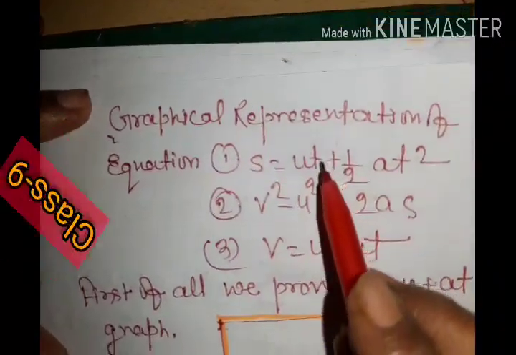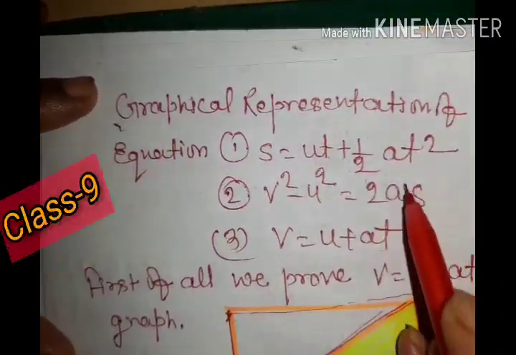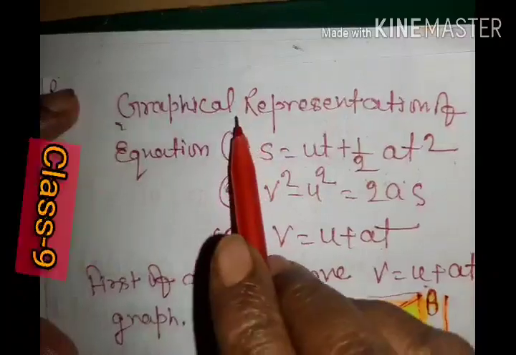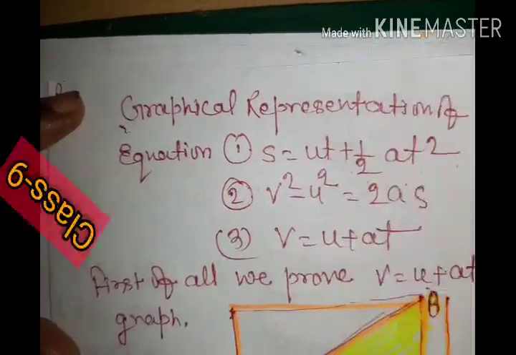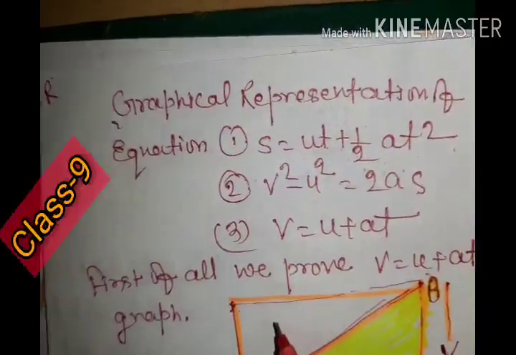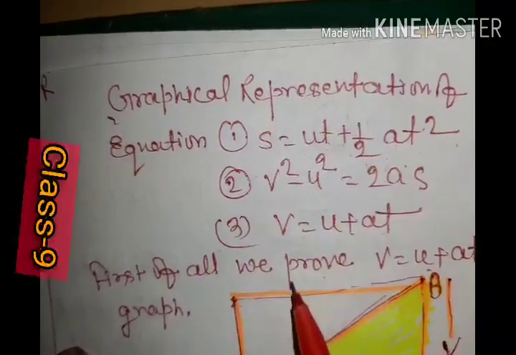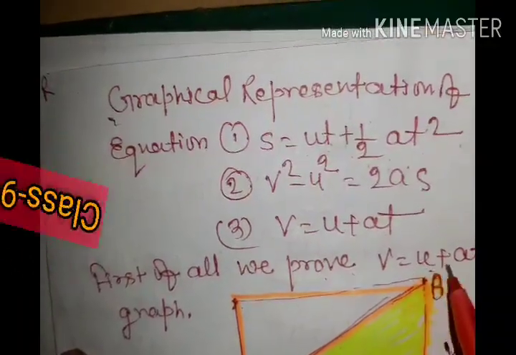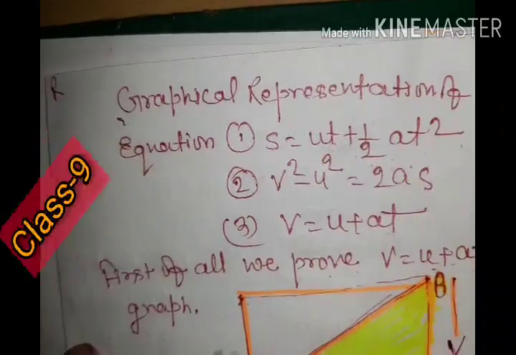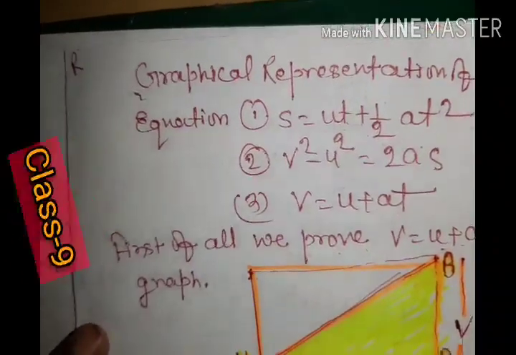Now S is equal to ut plus half at square, we will prove by the graphical representation. First of all, we prove v is equal to u plus at by the graphical method.